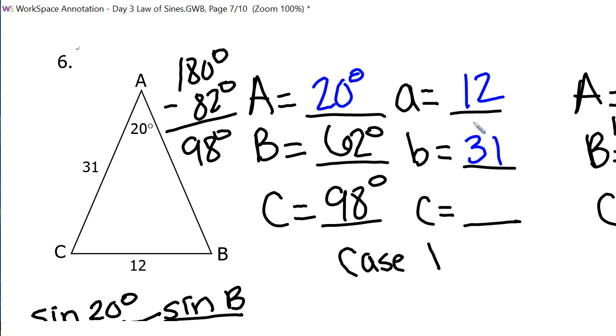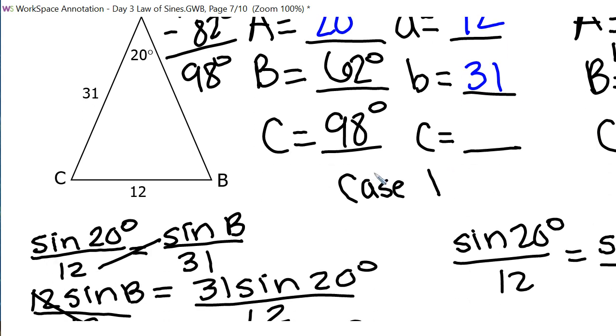Okay, now we need 2 more answers. So now, let's see. We were given angle A and side A. So let's do sine of angle A, 20 degrees, over 12 is equal to, now we're doing case 1 first, so if we're solving for side C, sine of angle C divided by C. Cross multiply, that would be C times the sine of 20 degrees equals 12 times the sine of 98 degrees, and divide both sides by the sine of 20 degrees.